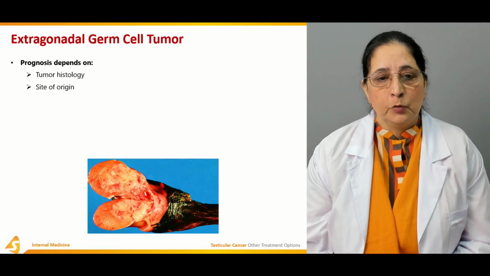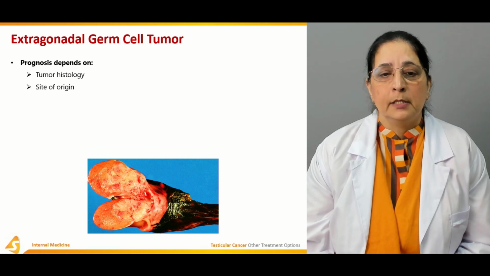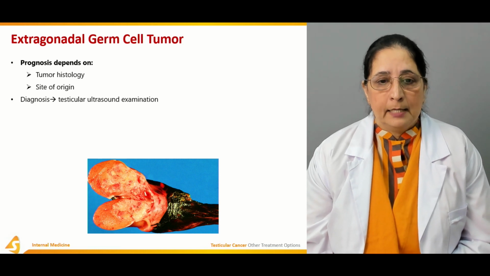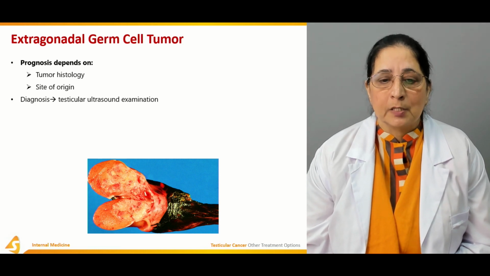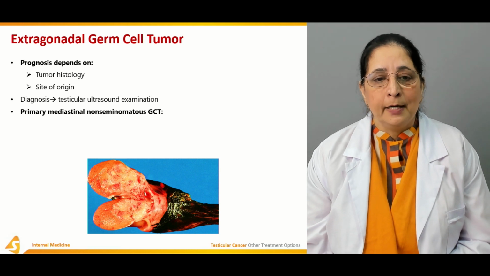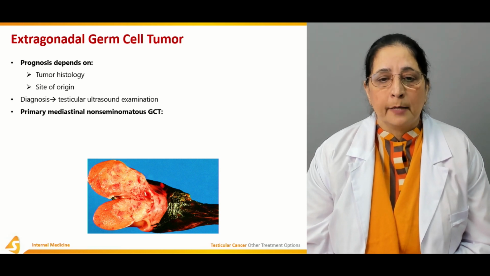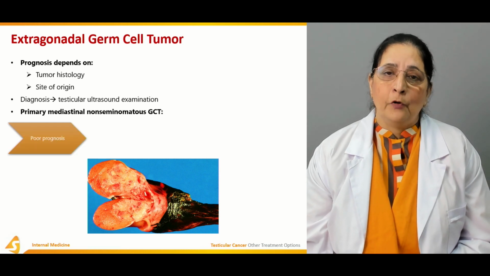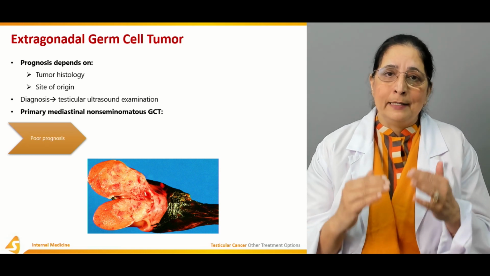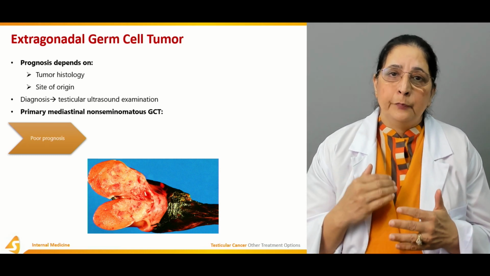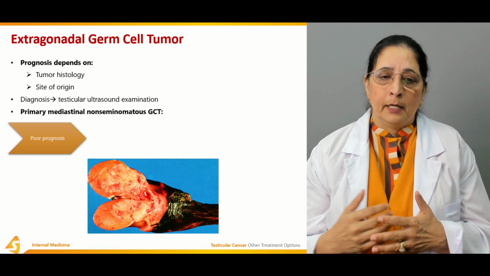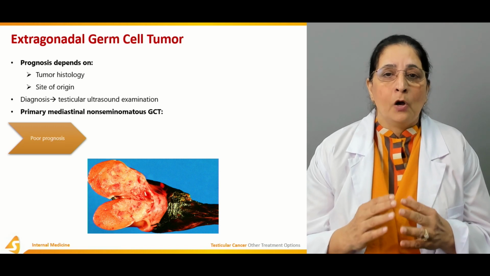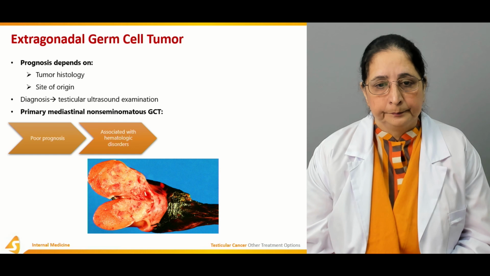Extragonadal germ cell tumors: prognosis depends on the tumor histology and site of origin. Diagnosis is supported by testicular ultrasound examination. Primary mediastinal non-seminomatous germ cell tumor has a poor prognosis. Among the non-seminoma classifications, the poor prognosis group includes mediastinal non-seminomatous carcinoma.